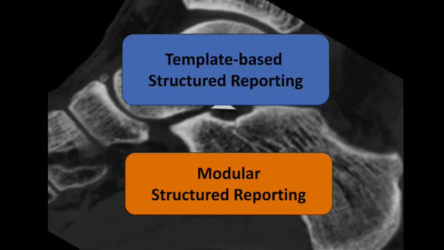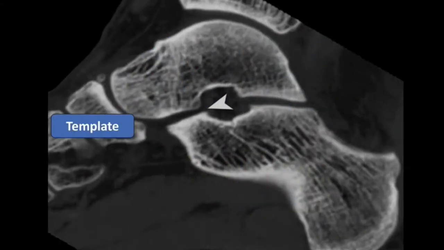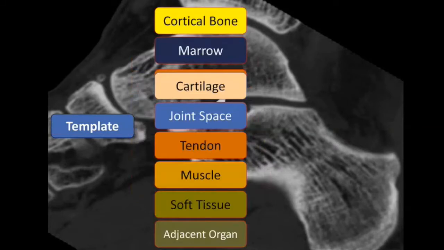If we have a template, for example, for musculoskeletal elements, this template definitely has something for description of cortical bone, something for description of the bone marrow, cartilage, joint space, and so on. And also, if something is added, like a tumor, a fracture, or any foreign body or devices, we will have some description for them. So each template should be considered as a collection of sub-templates or a collection of modules.